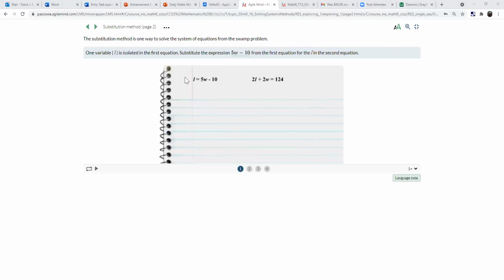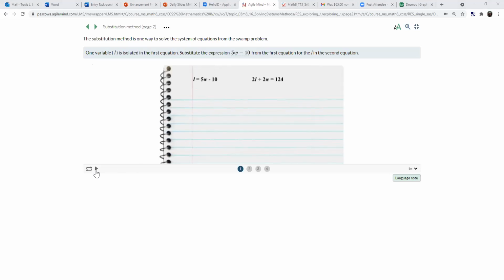All right. So one variable, L, is isolated in the first equation. So we are going to substitute the expression 5W minus 10 from this first equation for the L in the second equation. So when we see that L is 5W minus 10, then any place we see L in the other equation, we can simply substitute it.